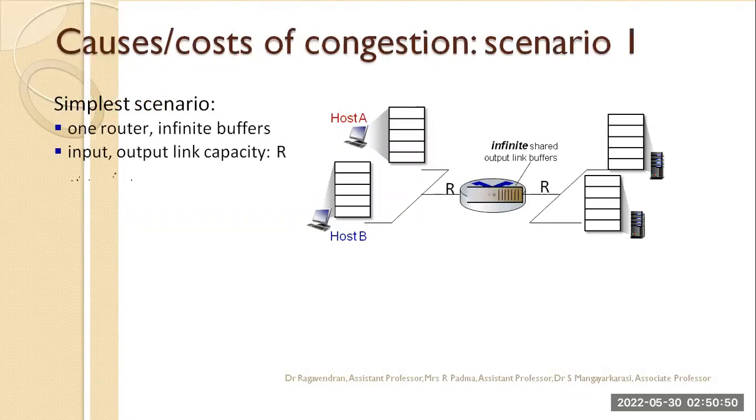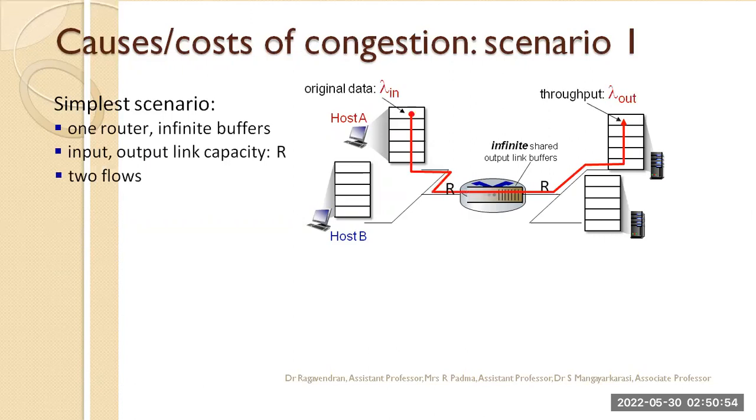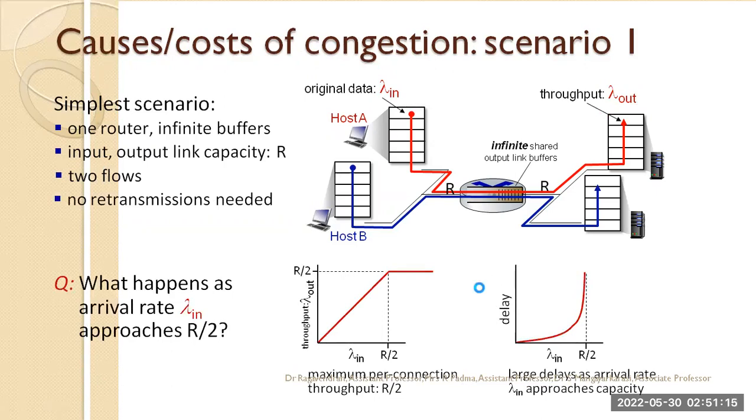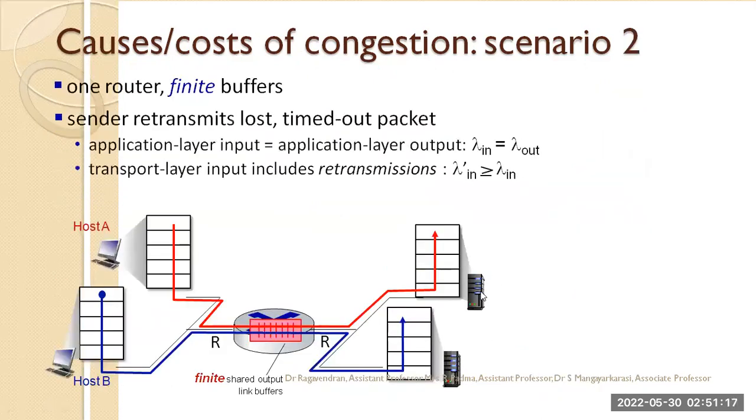See here. So if anything is sent from host A to host B, the information received is the original data, and it is sent to the throughput. See here. It causes congestion in this scenario.